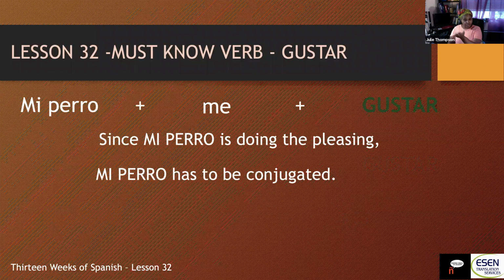If we've got gustar, in other words, we have the verb gustar. We're in the present tense. We have the verb gustar. Who's the one controlling gustar? Is it mi perro or me?